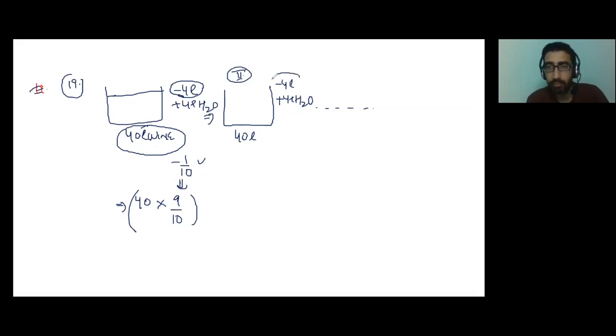Now again, since 4 liters out of 40 liter is removed, it means that the second time 1/10 is removed, which means how much is retained? 9/10. And since the quantity being added here is water and not wine, after the second operation, this 40 into 9/10 into 9/10 is going to be the amount of wine present.